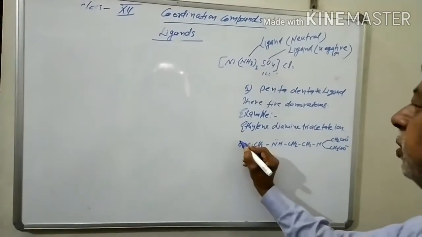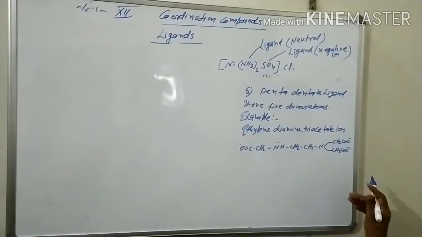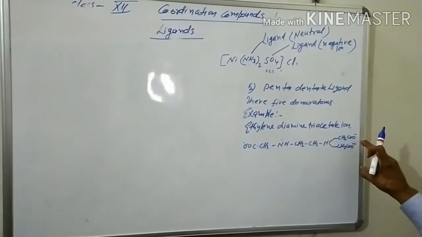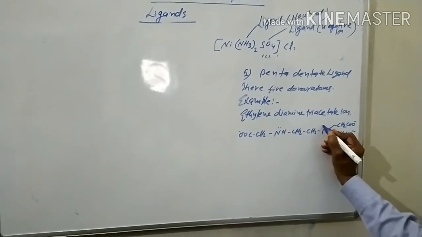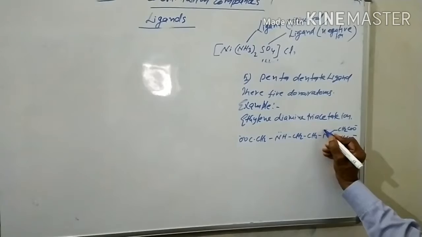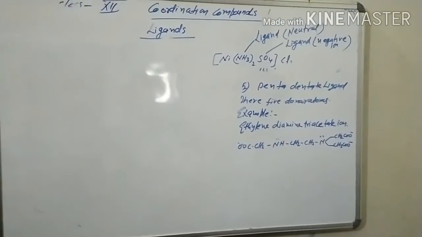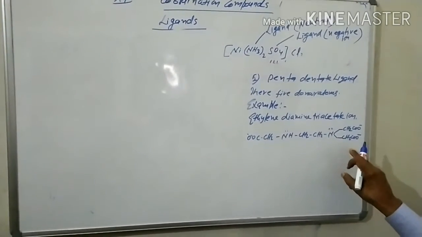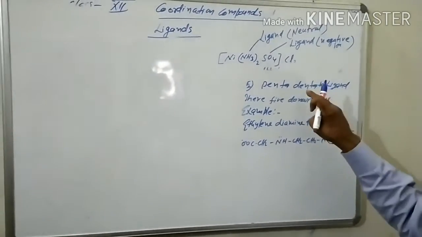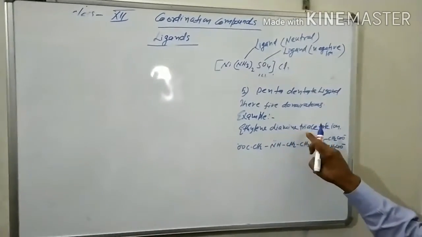In this, 3 oxygen atoms are donor atoms and 2 nitrogen atoms are donor atoms. Total, there are 5 donor atoms in the pentadentate ligand, as in the example, ethylene diamine triacetate ion.